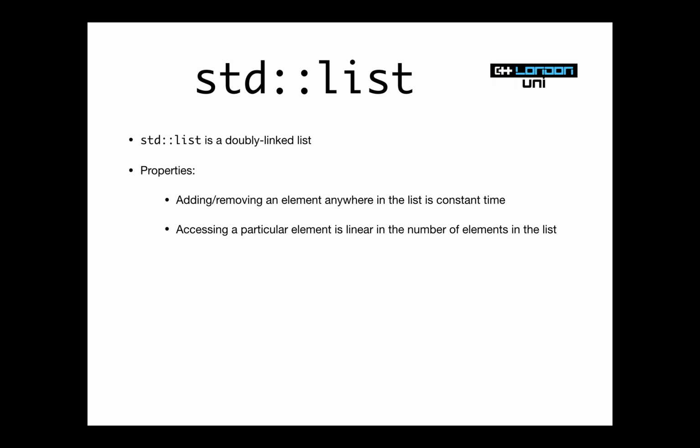But accessing a particular element is linear in the number of elements you have to go through. In order to get to house number 50, the postman first has to go to house number 1, which he knows the address of. He has to find out the address of house number 2 from house number 1, and the address of house number 3 from house number 2. He can't just skip straight to house 50.